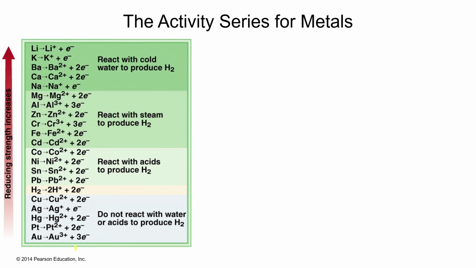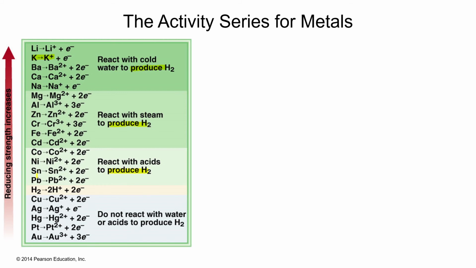Okay, remember, when we measure the activity of these metals, we are observing whether they produce hydrogen or not, right? That's kind of like our observation. But if you look at the equation on the left, what you're really asking is, how easily does that metal ionize? For example, potassium is very active. It is very easy for it to lose electrons and become potassium ion.